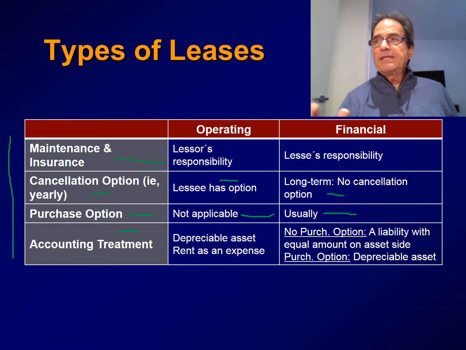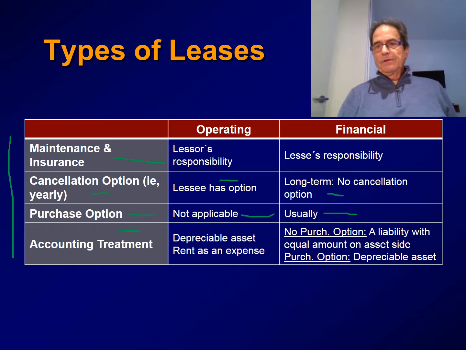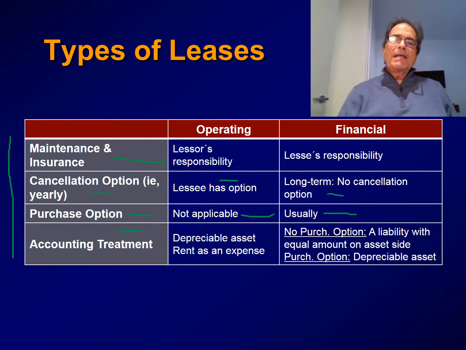In the case of the operating lease, the lease payments are deductible for tax purposes. In the financial lease, the accounting treatment depends on whether a purchasing option exists or not.